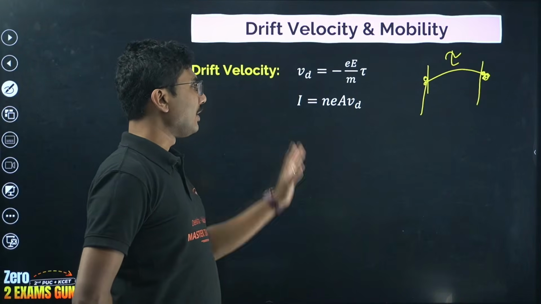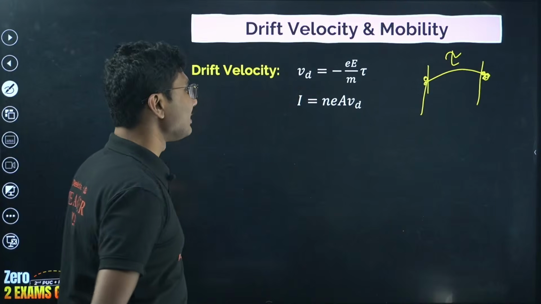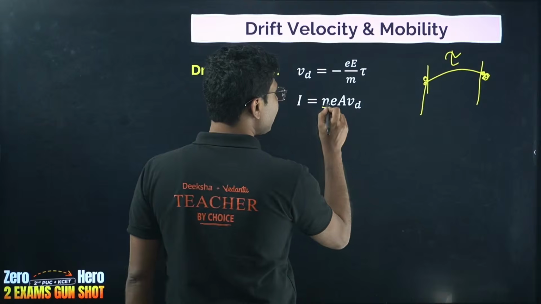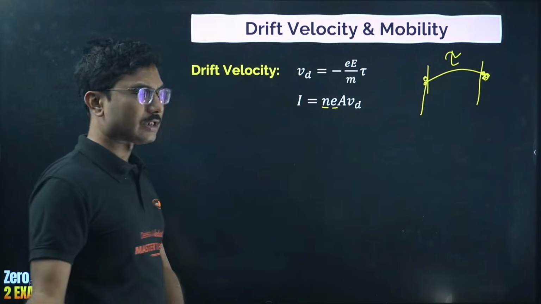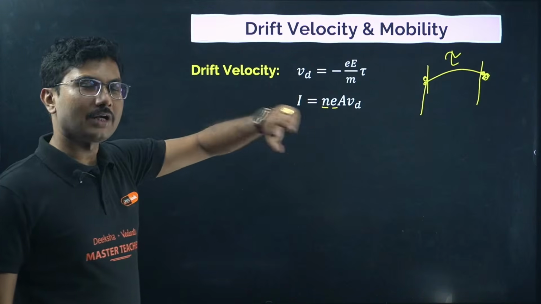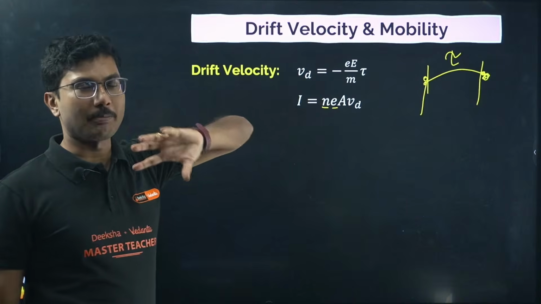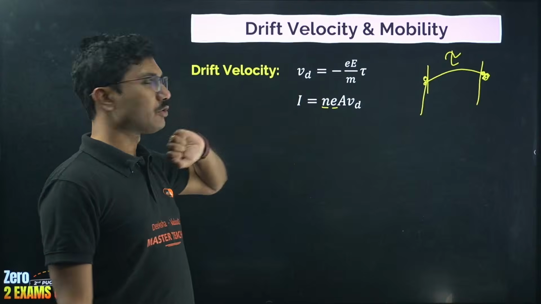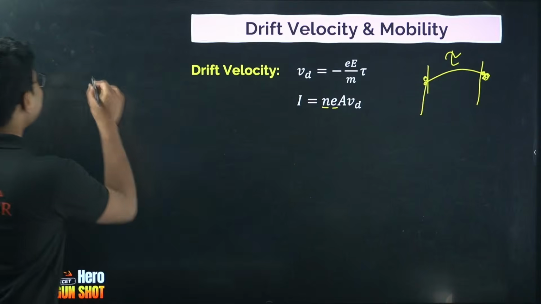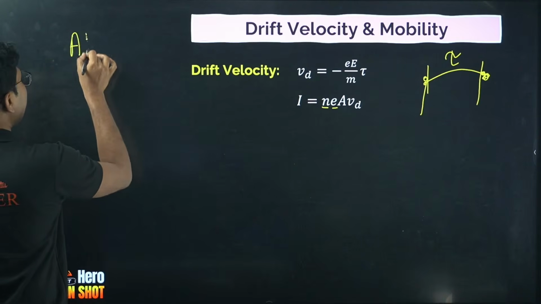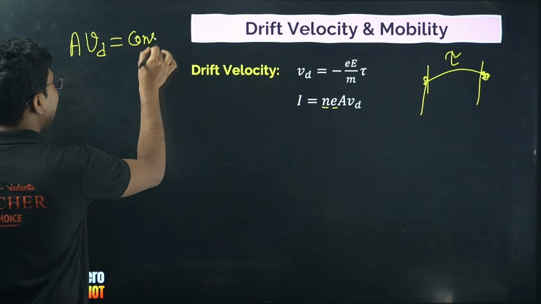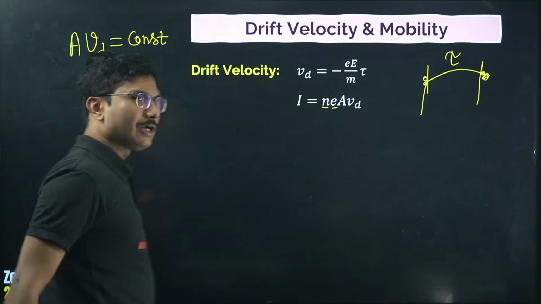Now if the current in a conductor is constant: e is always a constant, a universal constant. n, for a given conductor, is also constant. Number density means the number of electrons per unit volume, which is also constant. So that means A into vd is also constant. If the current is constant, then A into vd must be constant.